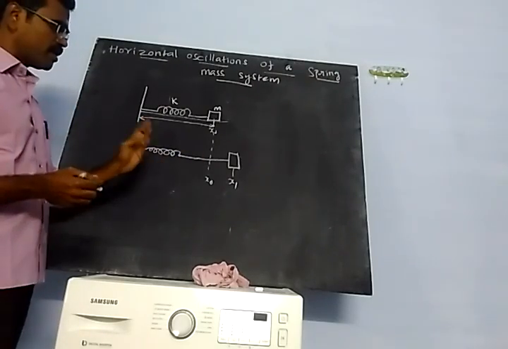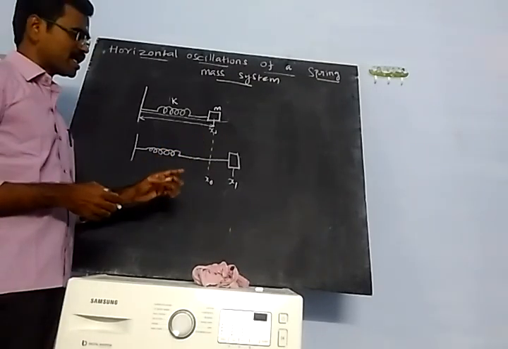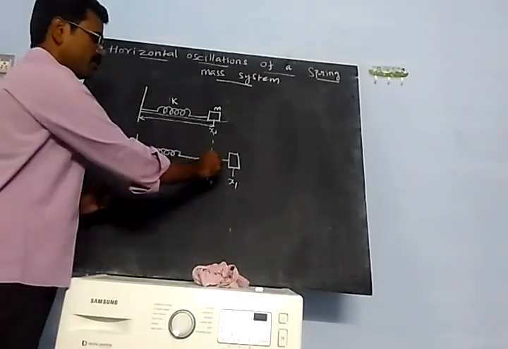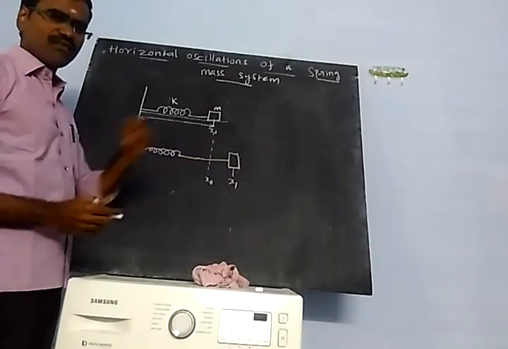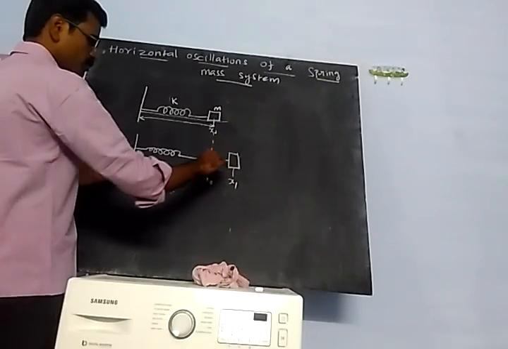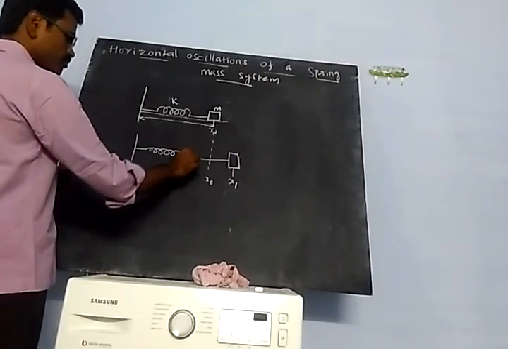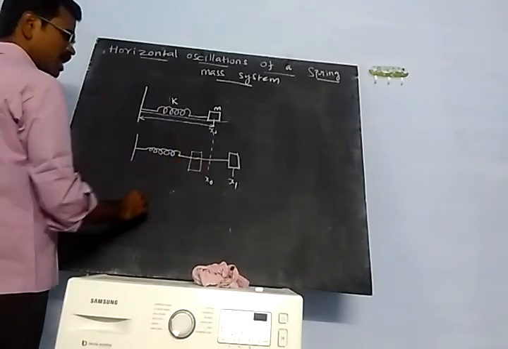When a small restoring force is applied, it will be elongated to a distance of x1. If you remove the restoring force, it will move back and forth, so it will be oscillating.